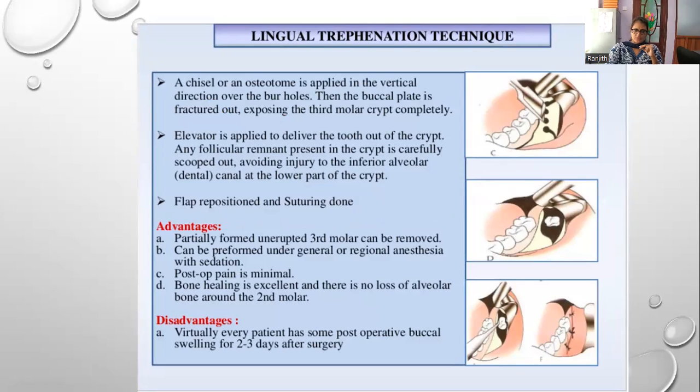Once that is fractured, you'll be able to remove the crypt of the tooth easily. After this, the flap is repositioned and sutured. This can only be performed where you have unerupted third molars which are partially formed, that is between the ideal age group of 9 to 16 years.